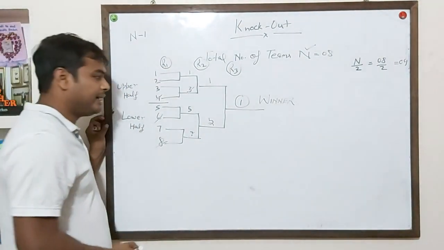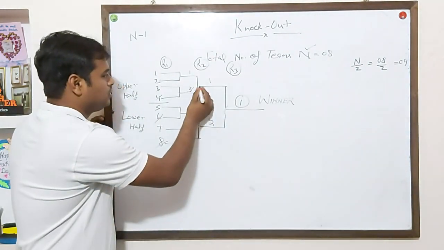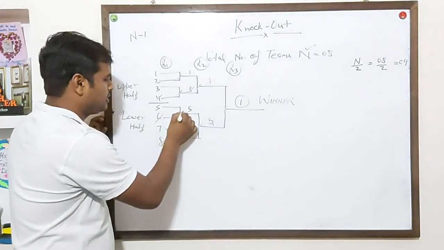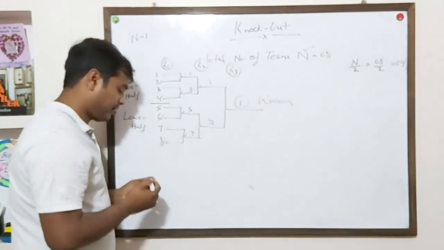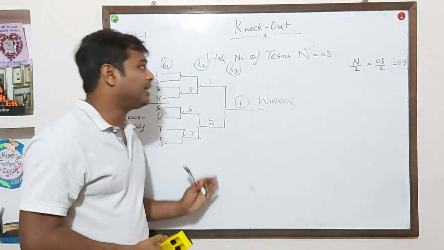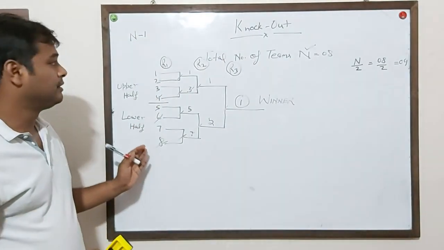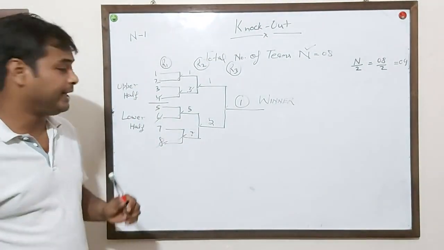So we can cross-check it. How many matches are here? 1, 2, 3, 4, 5, 6, 7. 7 matches are here. It means our picture is right. This is the picture of 8 teams. In the same manner, you can make a picture of 16 teams.